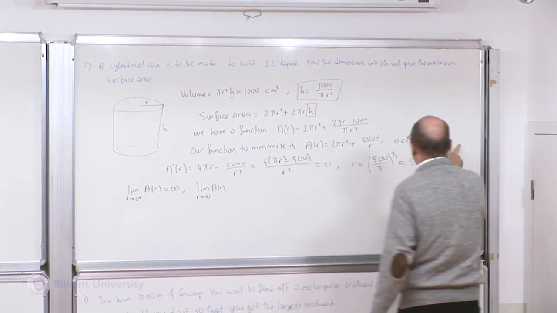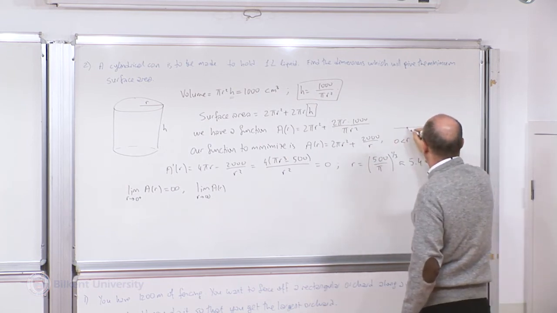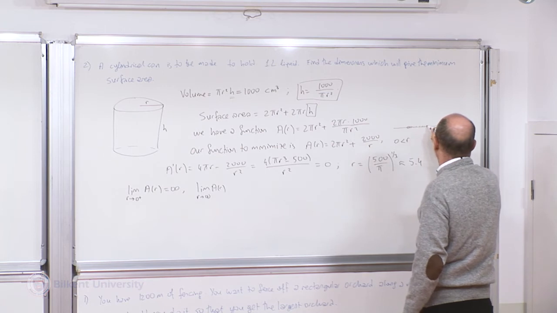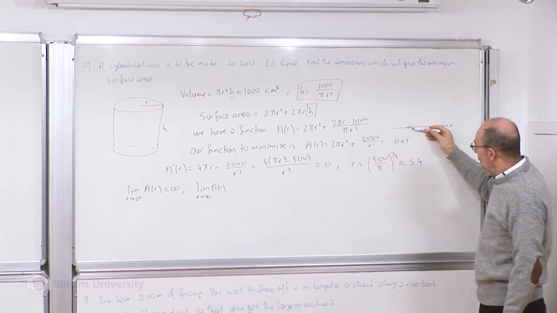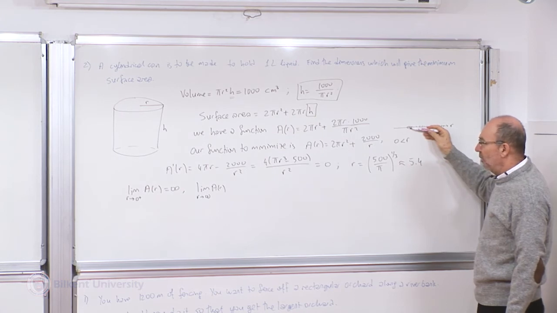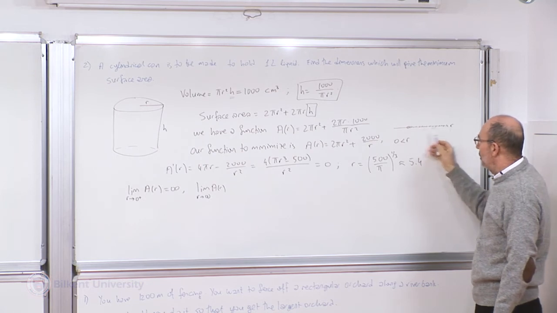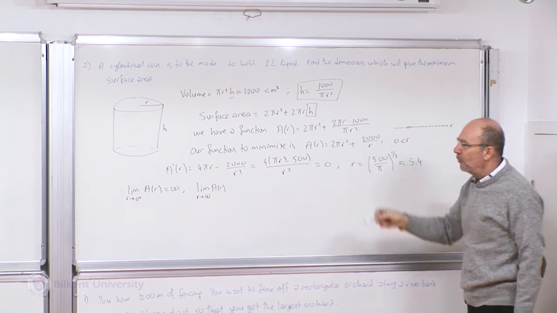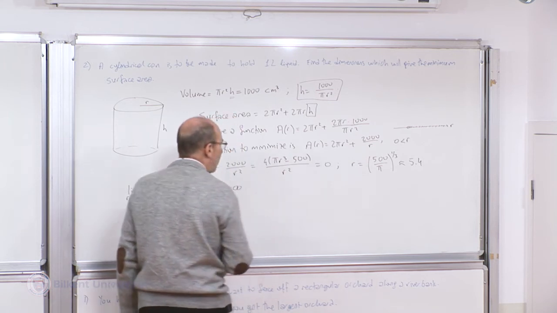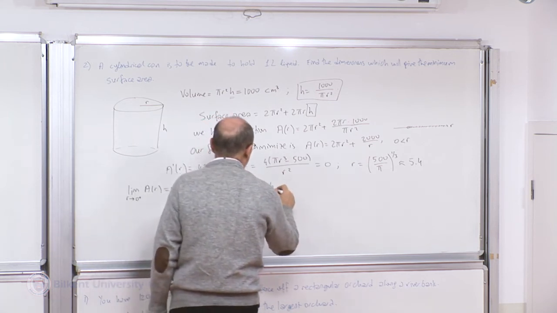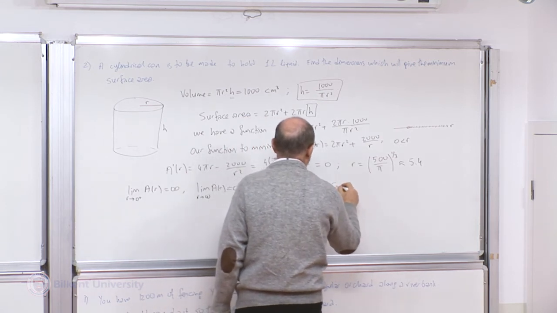Okay, so this is our interval. So if you draw the picture of the interval, it is like this. You start from here, and then all these numbers are allowed. This is our interval. When you approach this one, the surface area increases beyond bound. If you go in this direction, then this part makes the limit infinite. Okay, so we have only one critical point.